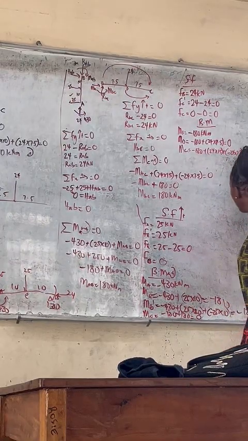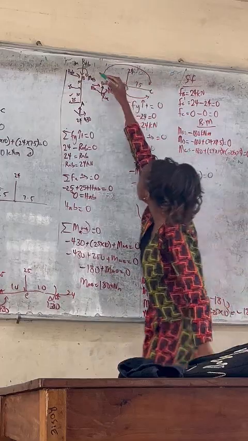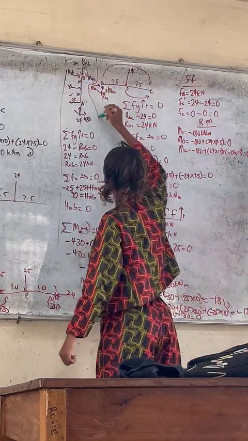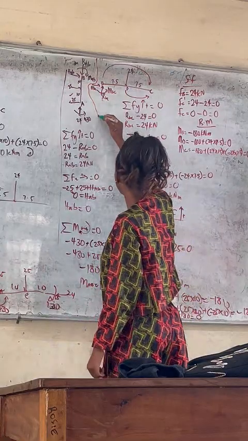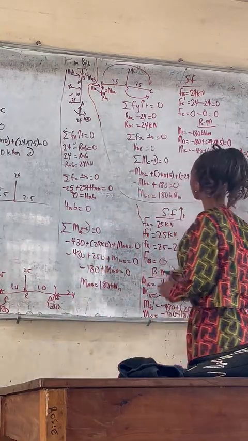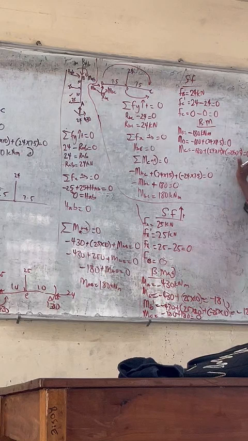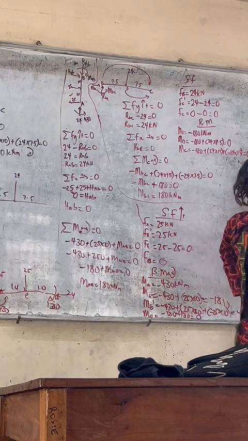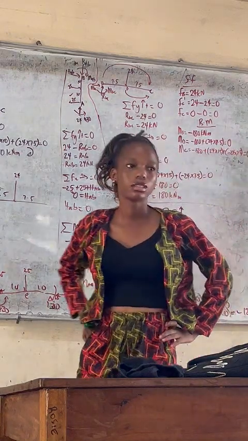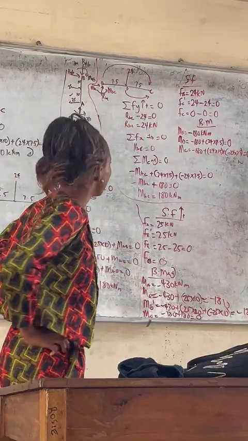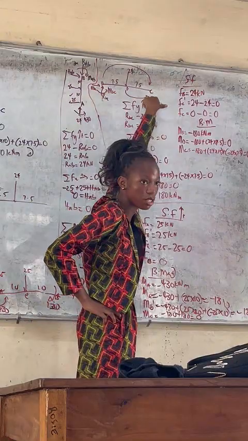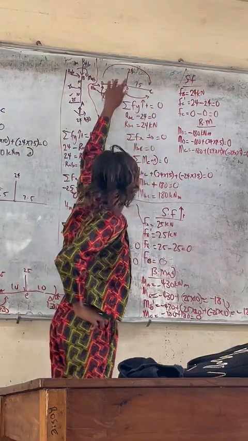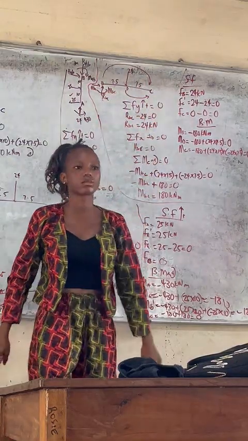It's also 0. RBC 24 times 15 up to C. I'm taking a moment about C. 24 times 7.5 up to C.